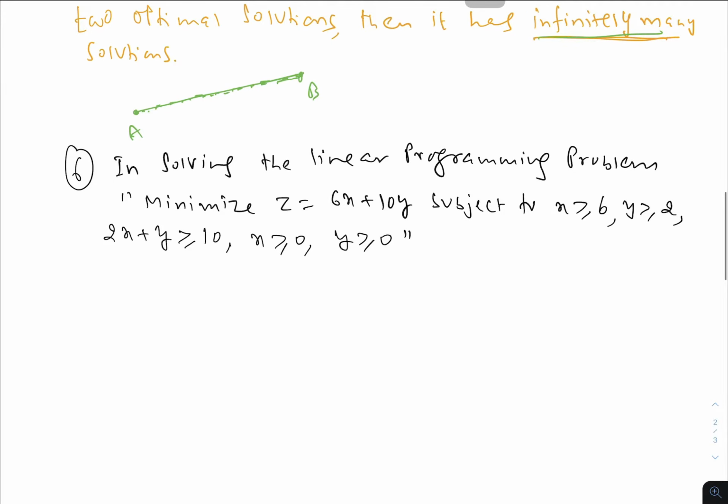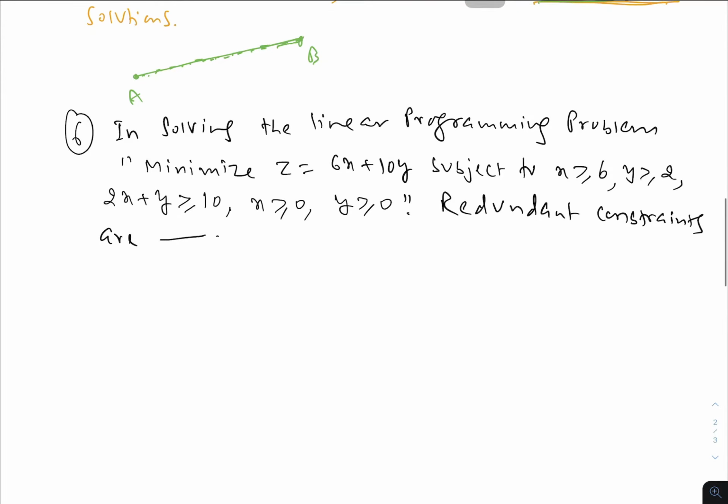The question is: redundant conditions, or you can say redundant constraints, are blank.